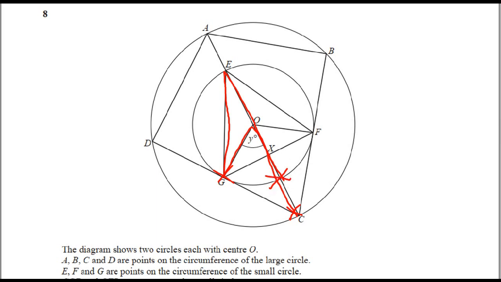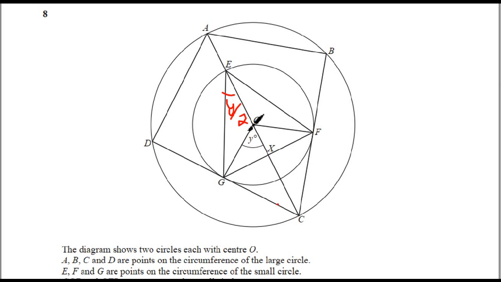So if this is y, this is double the angle here. So this will simply be y by 2. So we'll write y by 2 here. The reason you'll give will be because angle at the center is twice the angle at the circumference.